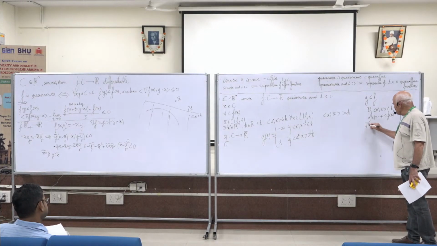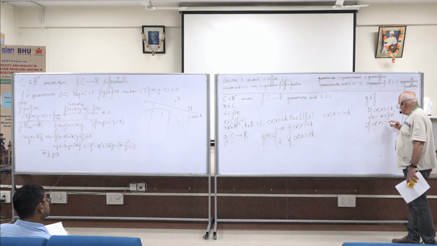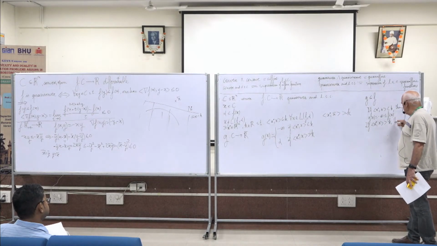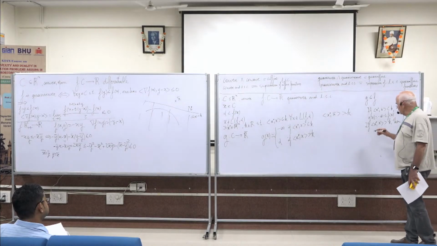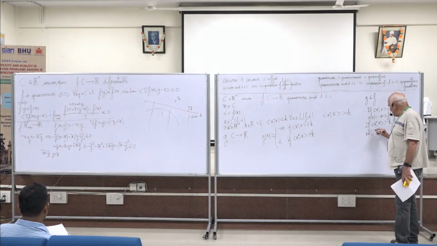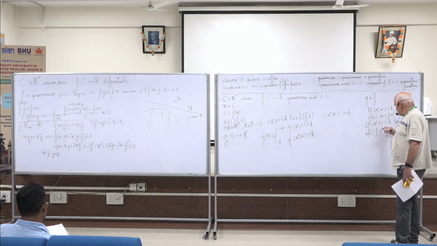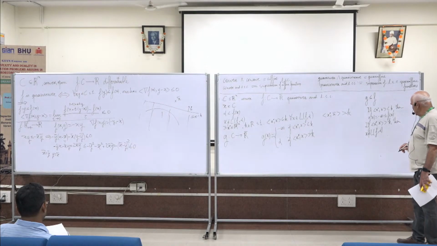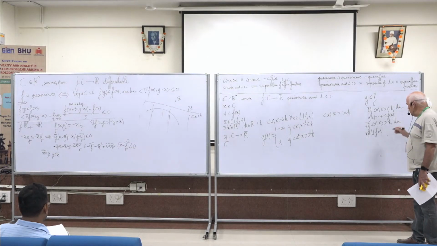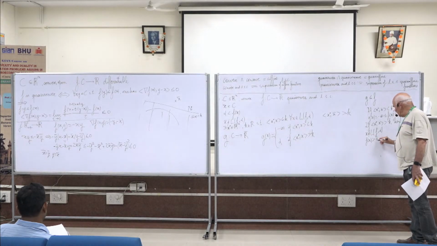Now, if x star x is greater than k, then this x does not belong to the lower level set of level alpha, okay, which means f of x is greater than alpha.